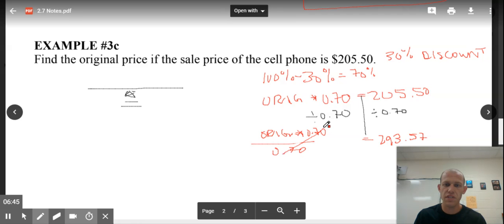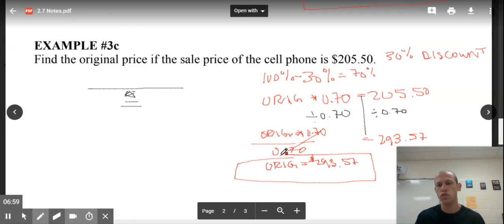The 0.7 and the 0.7, they will cancel each other out. So our original is $293.57. Now think about it again. We are doing a discount, so the original should be more than what the selling price is. $293.57 is more than $205.50. So we rationalize that this would be correct.